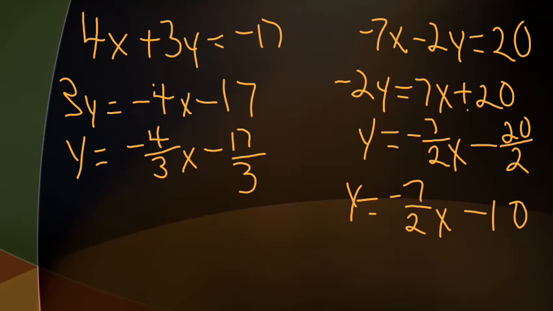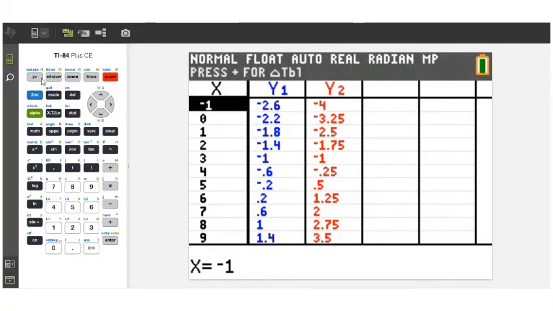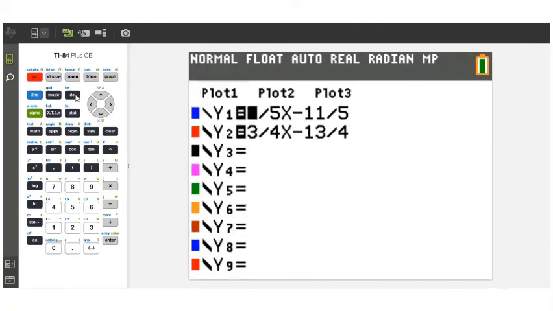Let's head to the calculator. All right, so let's graph the second set of equations to see what our solution is for this system of equations. Let's clear out y1, let's clear out y2, let's go back up here to y1. All right, so we had two linear equations written in slope-intercept form. On one of those, I had minus 4/3 x minus 17 over 3.